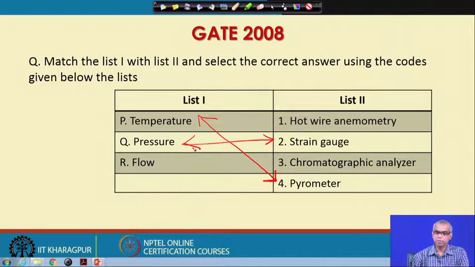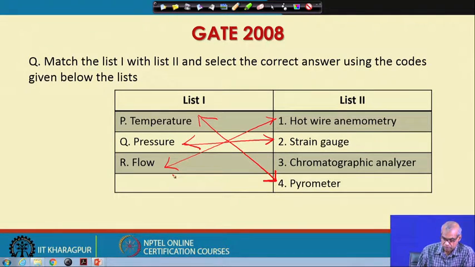And flow can be measured using hot air anemometer. Note that chromatographic analyzer can be used to measure composition, which is not listed under list 1.